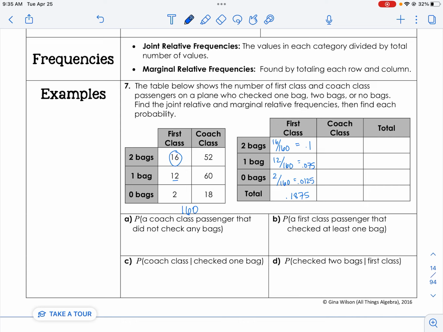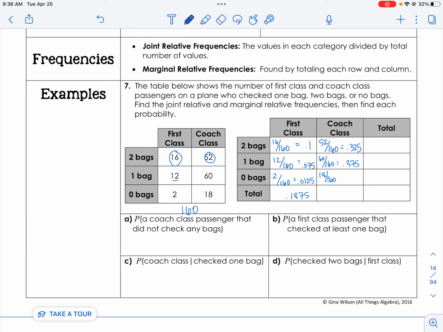Now for coach, that would be 52 out of 160, which should be just a little bit less than a third. Going down here, the total number of coach who took 1 bag is 60 out of 160. That should be just over 1/3. And then the total number of coach who took 0 bags, that's 18 out of 160.